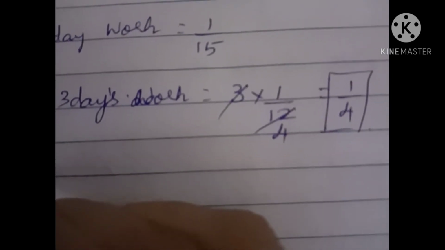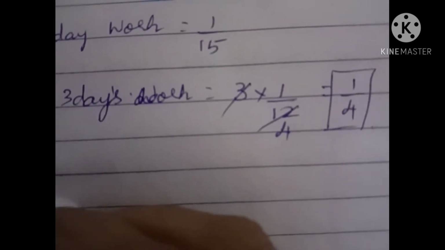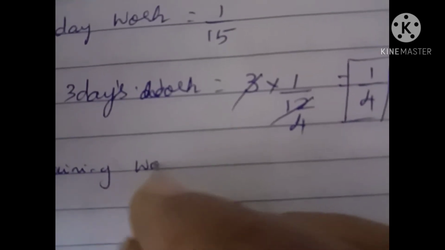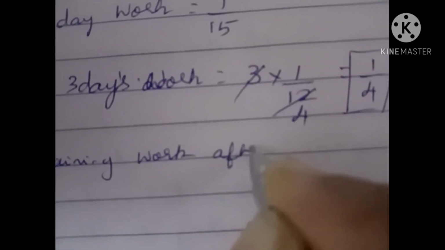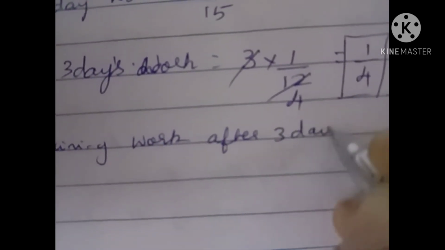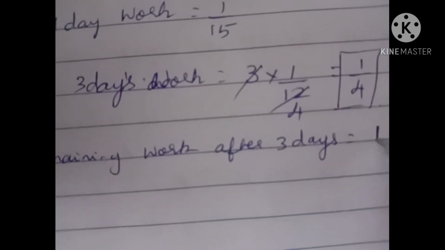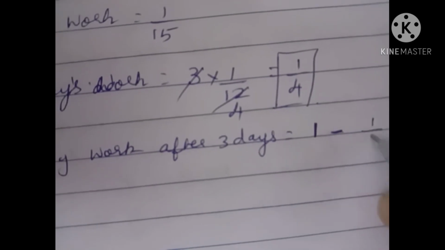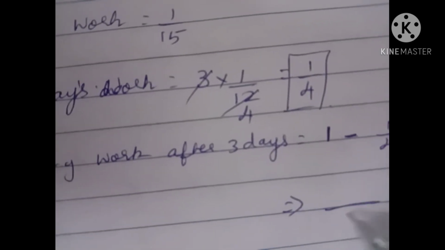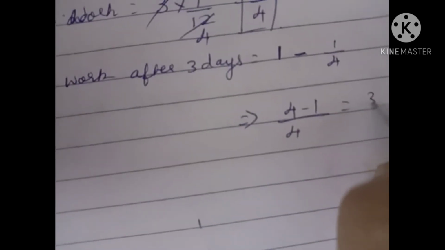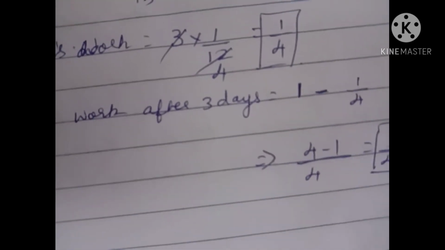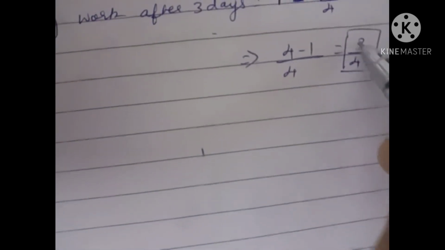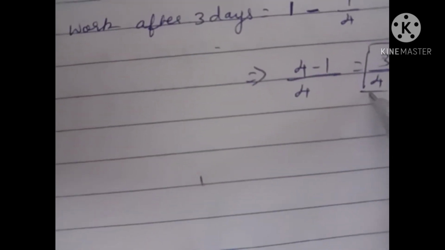Therefore, the remaining work after 3 days is equal to 1 minus 1 by 4, which is equal to 4 minus 1 by 4, 3 by 4. The remaining work after 3 days to be completed is 3 by 4.